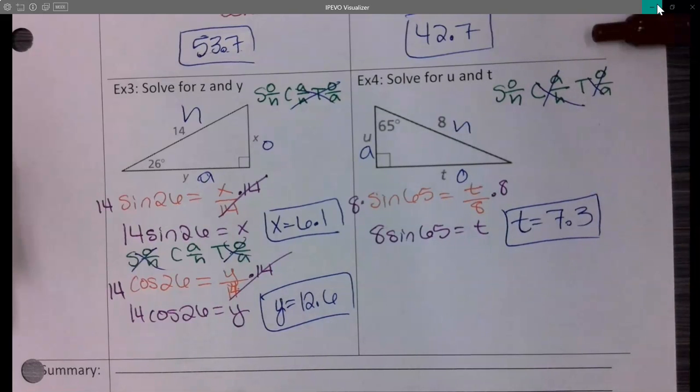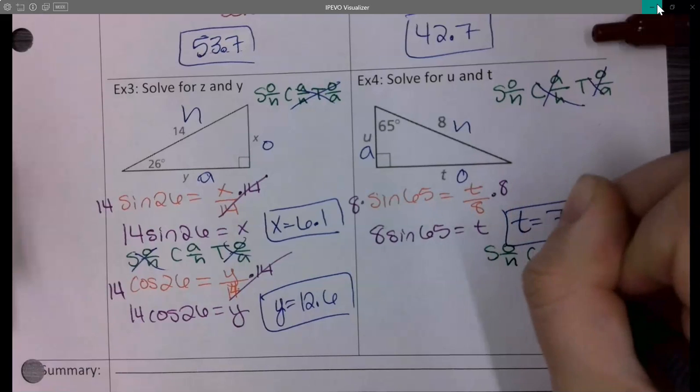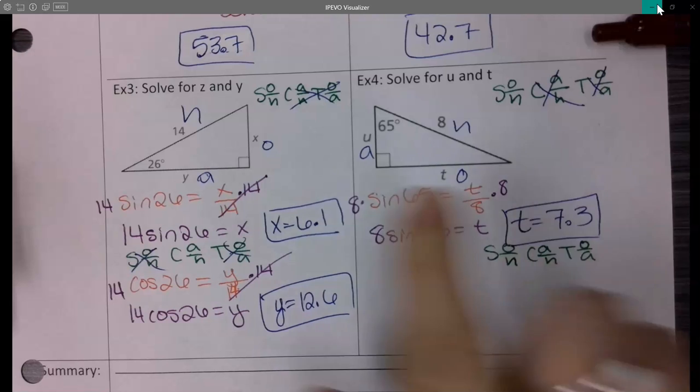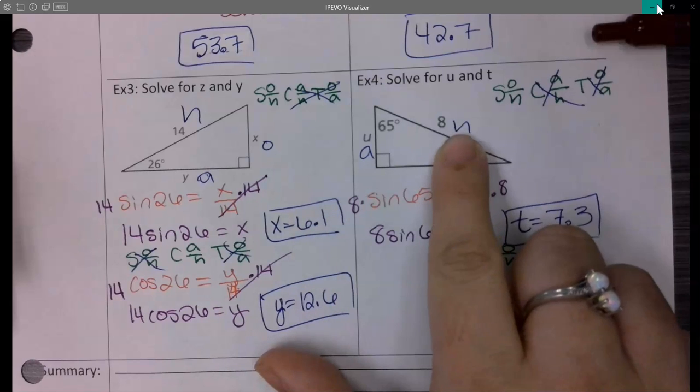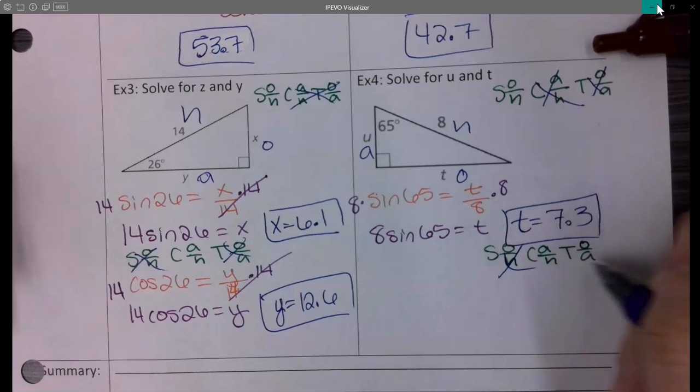Then I want to go ahead and find U. So I'm going to write out SOHCAHTOA again. U is A, and then I have my H value. So A and H is cosine.